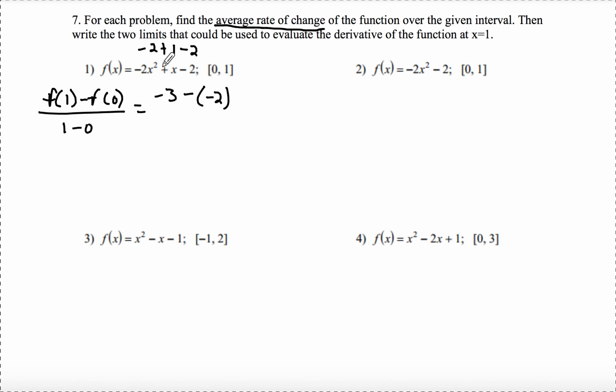So I get negative 3 minus negative 2 over 1. That comes out to be negative 1 over 1, or negative 1. Now that's the average rate of change.